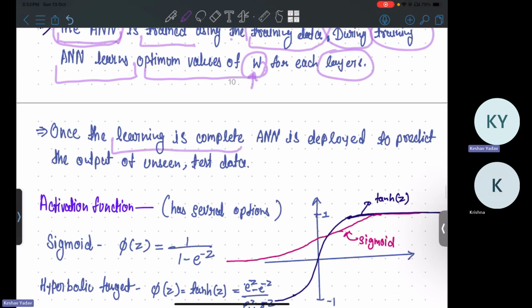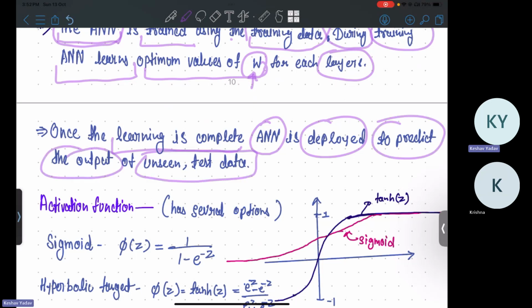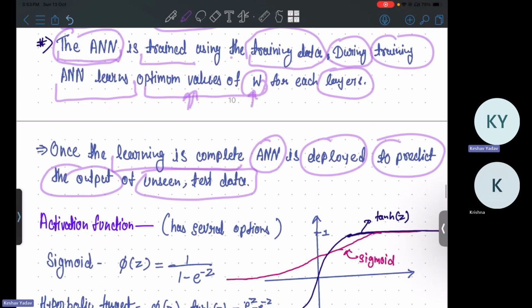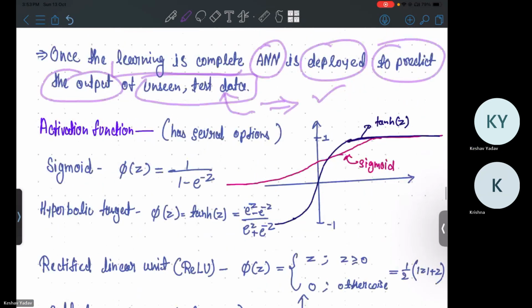Once the learning is completed, the ANN is ready to predict the output of unseen test data. So first we train the ANN using the training data, and during the training it finds the optimal value of W at each layer. Once it is completed, we give it unseen data, and for that unseen test data it provides the output. Okay.